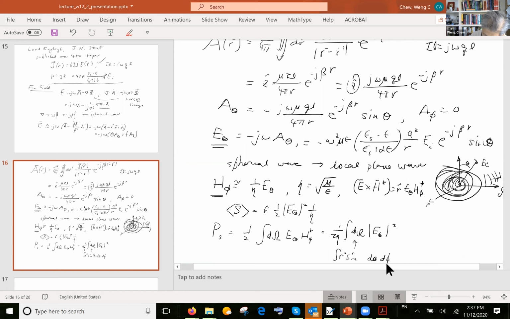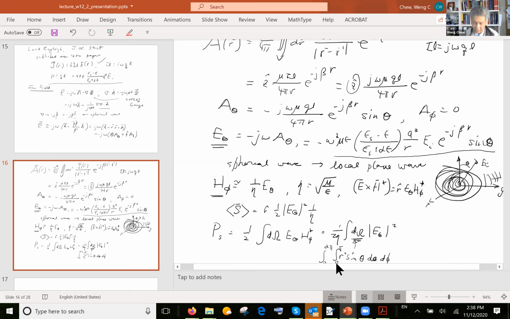Sorry, just r squared sine theta, d theta, d phi. Okay, if you remember that, d omega is r square sine theta, d theta, d phi, but d theta goes from 0 to pi, d phi goes from 0 to 2 pi. That's how you do this, the omega integration. E theta, you get from here.